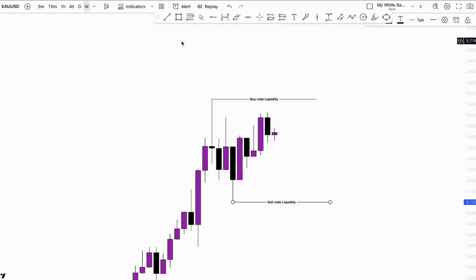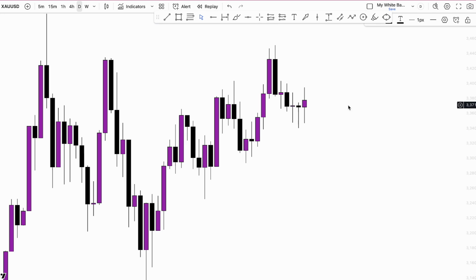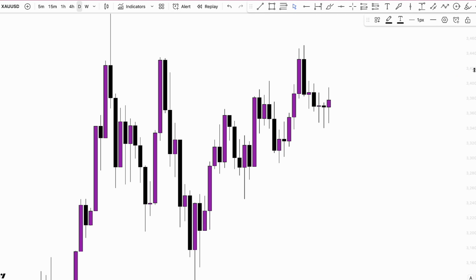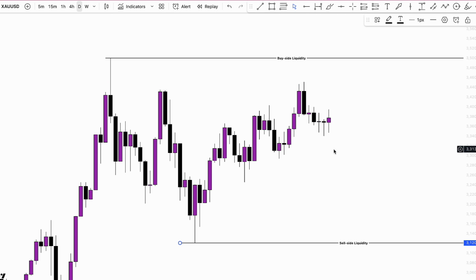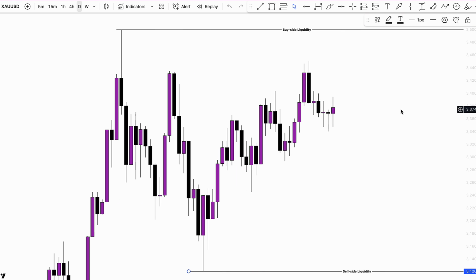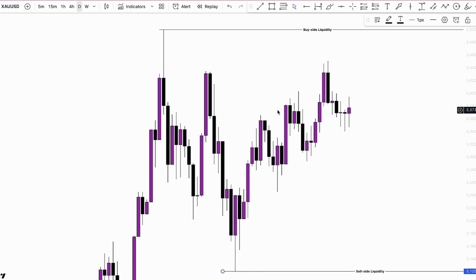All right. So the next thing to do is to go to the daily time frame. Going to the daily time frame will help you to micro view all you have there. You are going to see it in a micro perspective because the daily time frame is definitely lower or smaller than the weekly time frame. So this is the daily time frame, and you can see that price has been bullish.